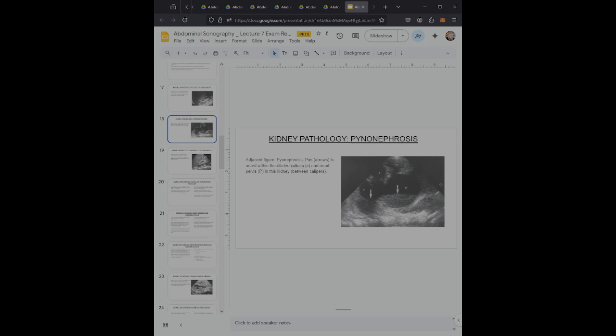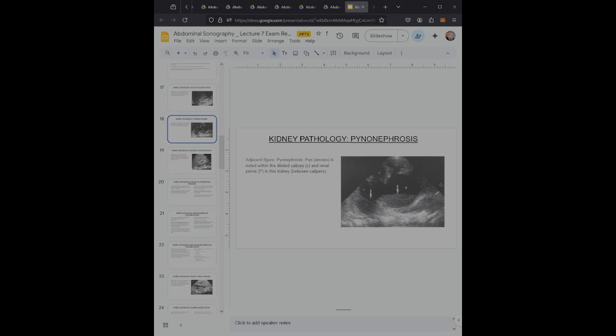Pyelonephrosis. This describes the condition of having pus, or what we call purulent material, within the collecting system of the kidney. The accumulation of pus is most likely caused by an obstructive process or an infection, and the patient will likely present with pyuria, bacteriuria, fever, flank pain, and leukocytosis.